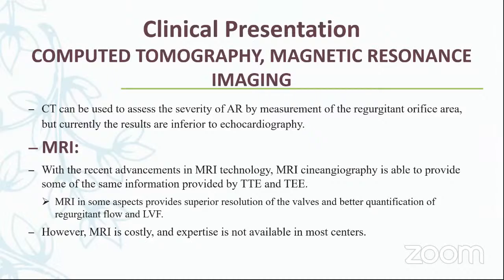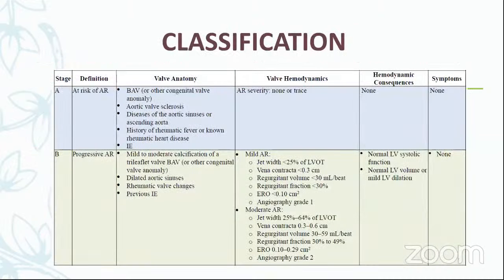MRI in some aspects provides superior resolution of the valve and better quantification of the regurgitant flow and the left ventricular function. However, MRI is costly and the expertise is not available in most centers, so it is usually not used. This is the recent classification of aortic regurgitation.